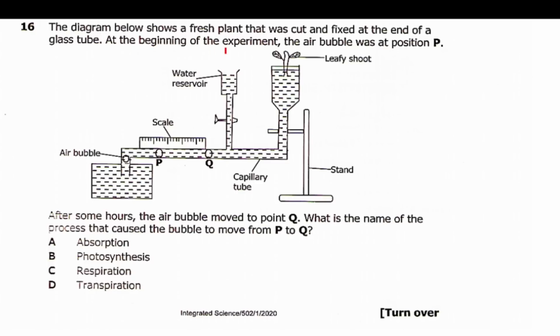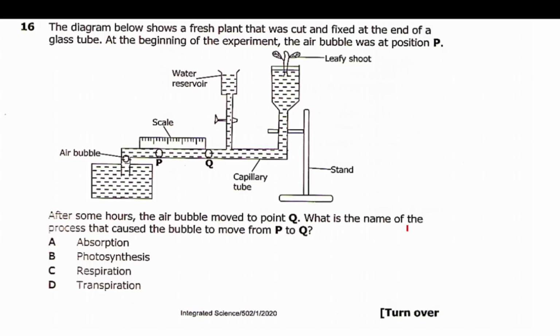At the beginning of the experiment, the air bubble was at position P. So this is a leaf shoot fixed at the end of a glass tube, and at the end of the experiment the air bubble was at Q. After some hours the air bubble moved to point Q.